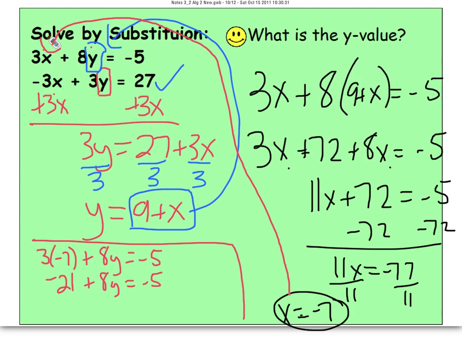I'm going to add 21 to both sides. So when I add 21 to both sides, what's going to happen? It's going to become 8y equals 16. Divide by 8, y is 2. So the ordered pair answer is negative 7, 2.